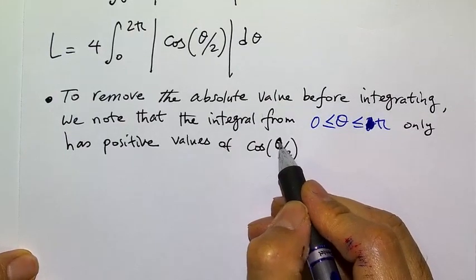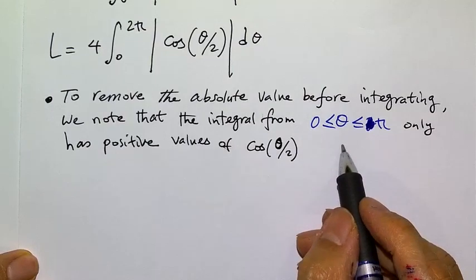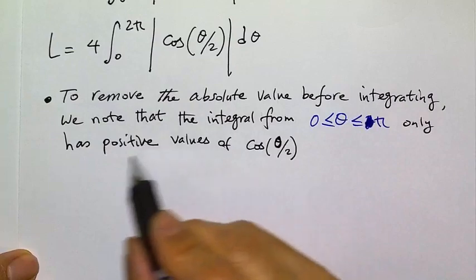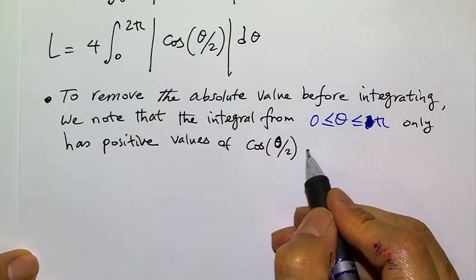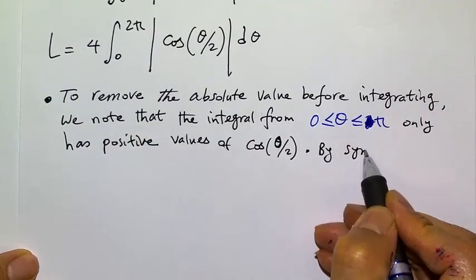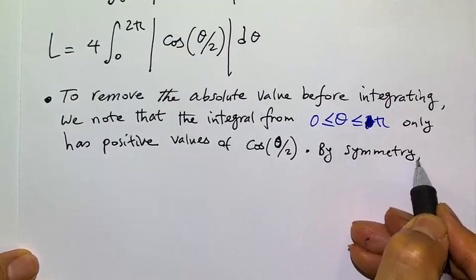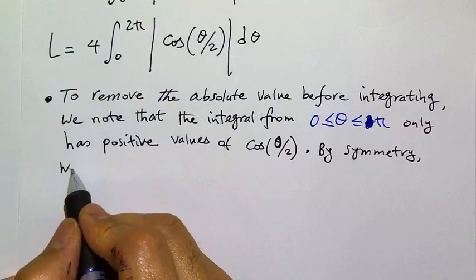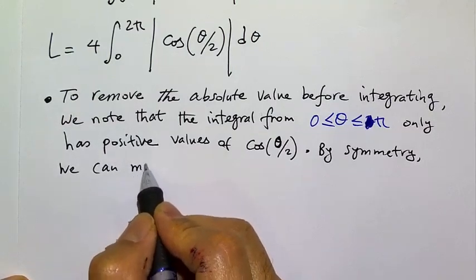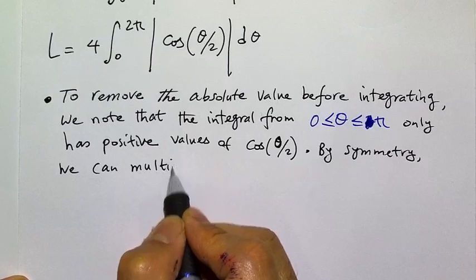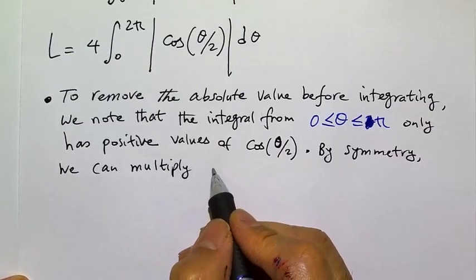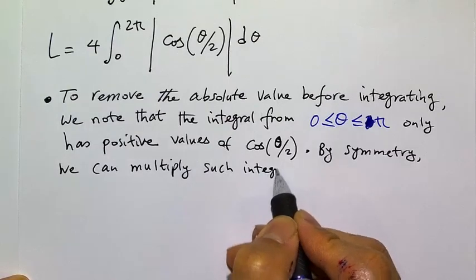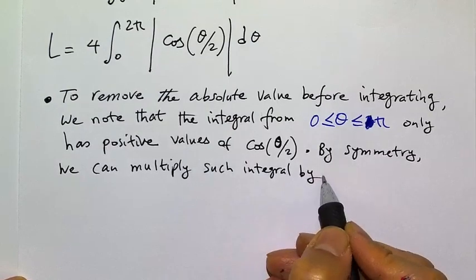So positive values of this, and by symmetry, multiply by 2.